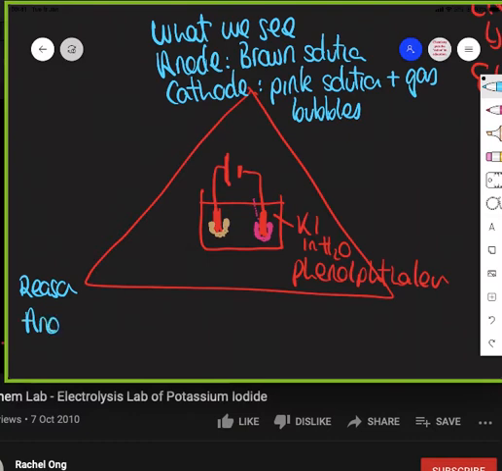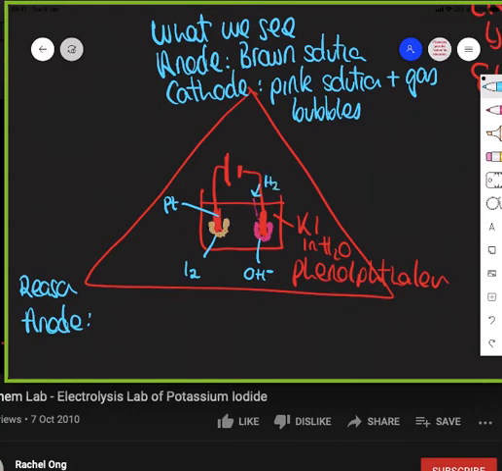So our reason, so at the anode we said what is being produced. What's the brown? Iodine. So we'll just actually label these. So this is platinum. This is going to be iodine formed here. We're going to get base, and we are going to get hydrogen bubbles.